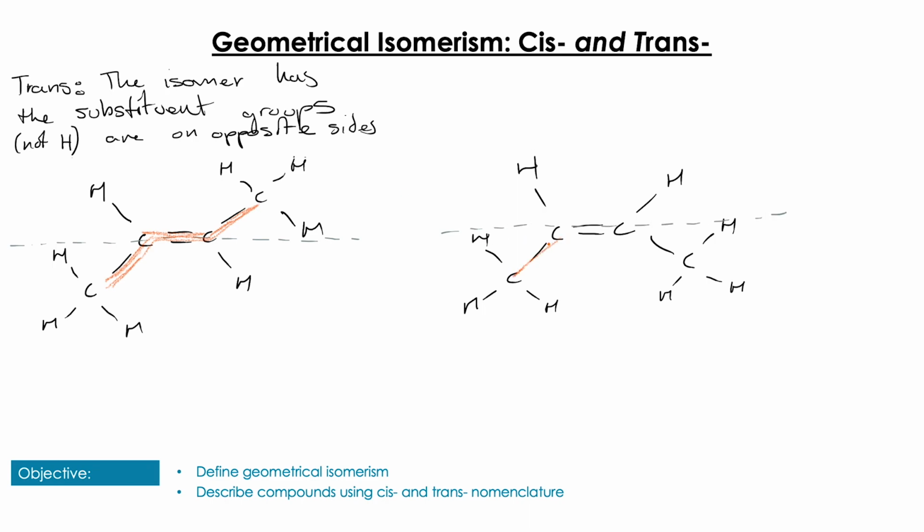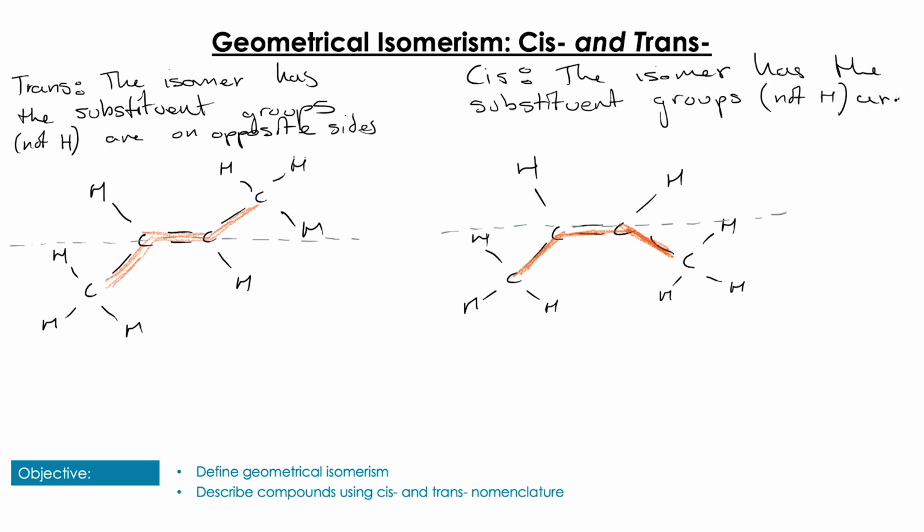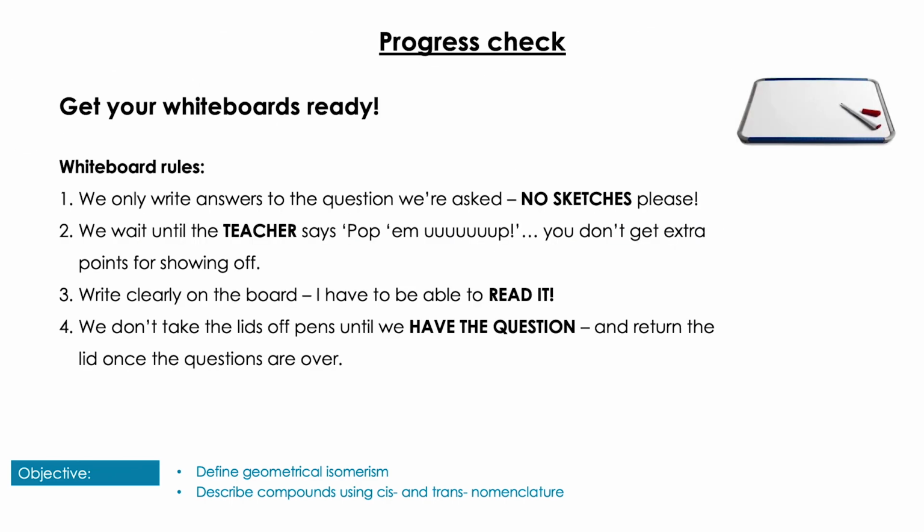On the molecule on the right, they are on the same side of that line. We call that type of isomerism cis isomerism. In cis isomerism, we have the substituent groups, that's the non-hydrogen groups, on the same side of this line going through the double bond.